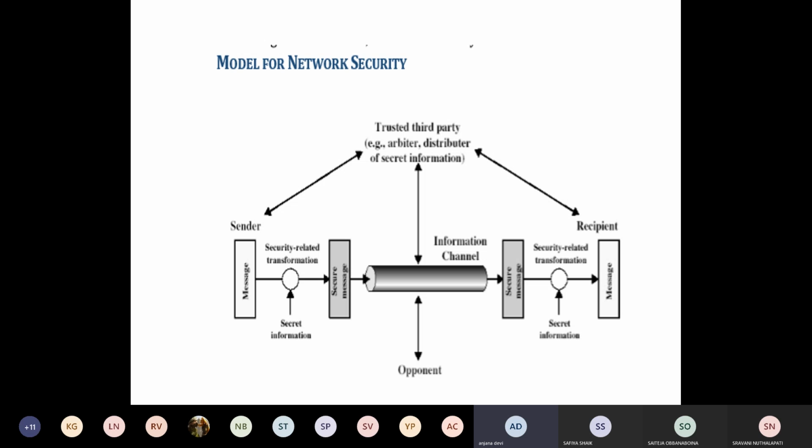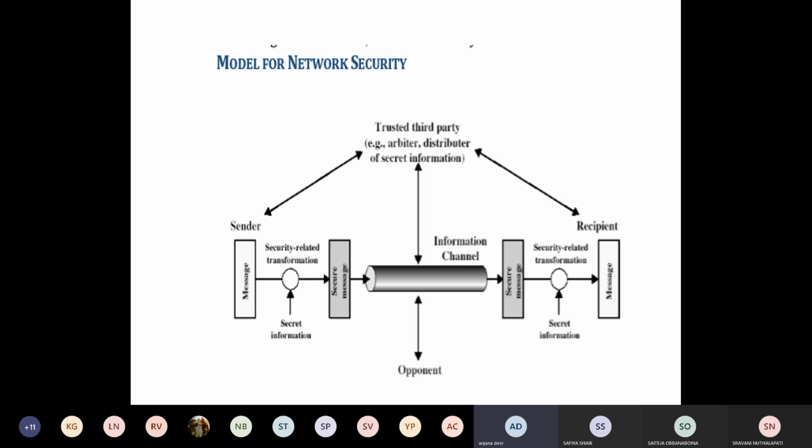See, he is the sender, he is going to send some message. This message is translated to some security related transformation, that is a secret information. This message is a secured message. Here this is the information channel, through which the message is sent.